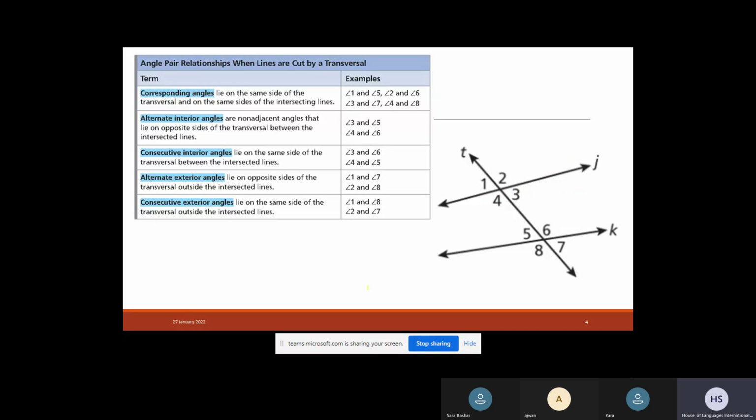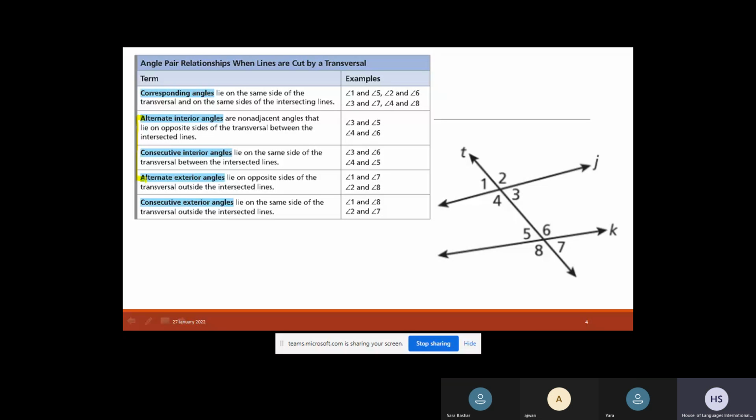I will not ask you to find the consecutive angles. Here we have 4 types. Now forget the first one, we're going to go back to it. Alternate interior angles. Alternate has 2 types. Alternate means what? On the opposite side. They could be on opposite sides, but inside.